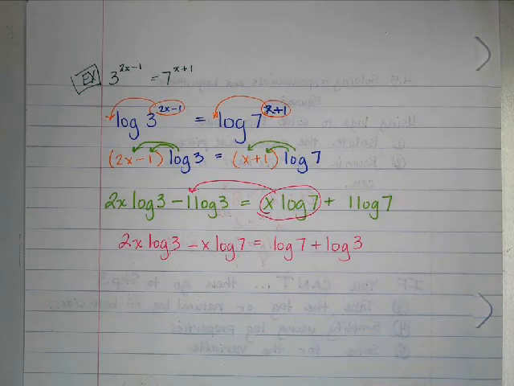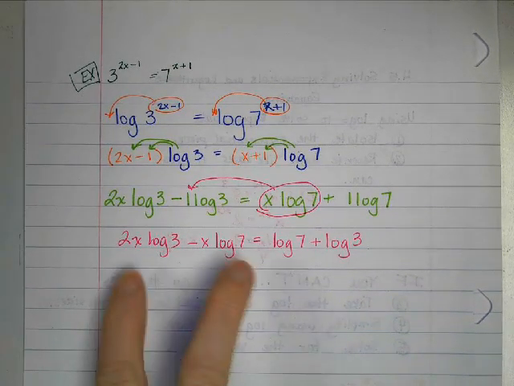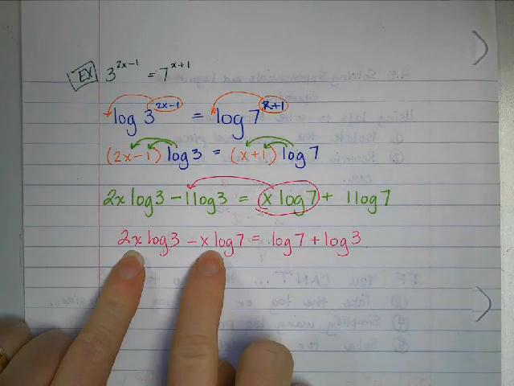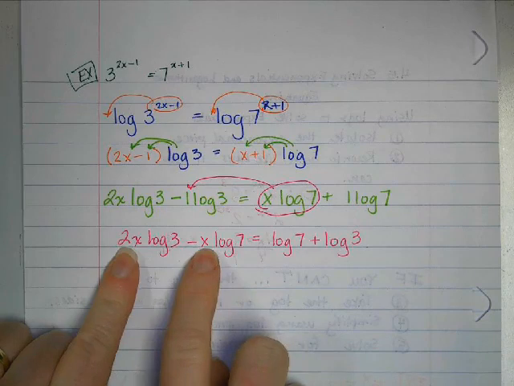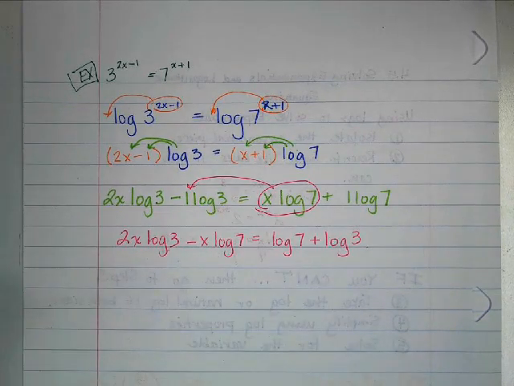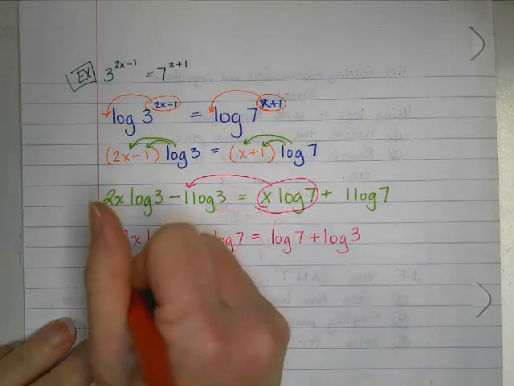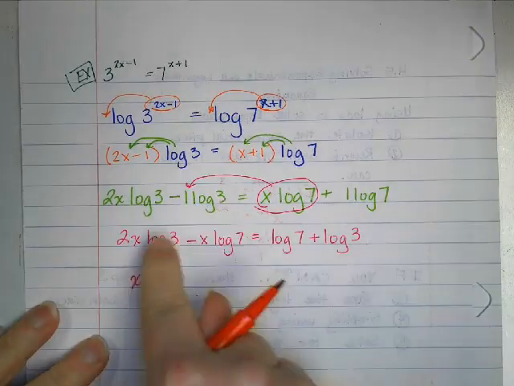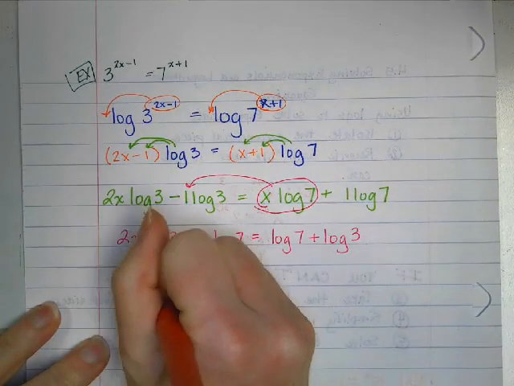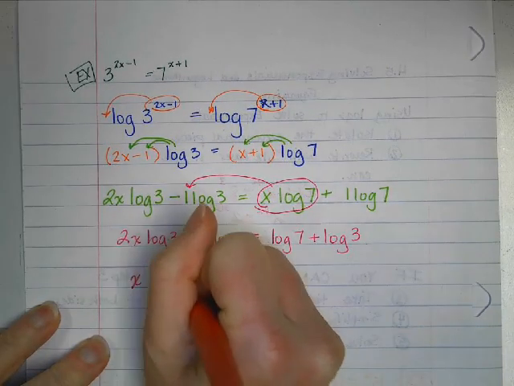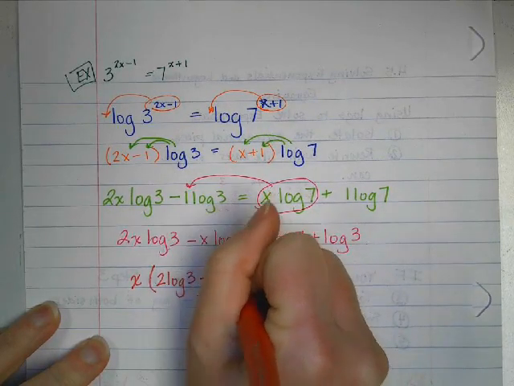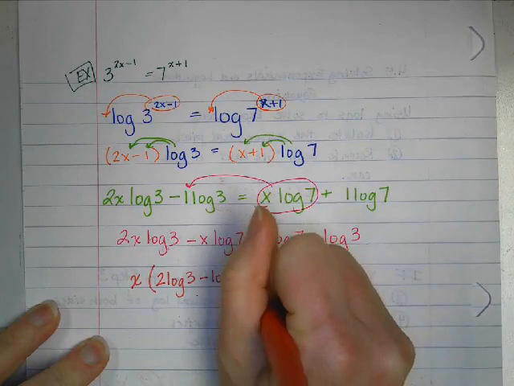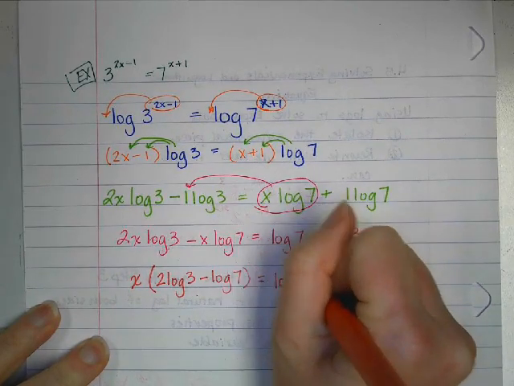So that's what I'm going to do on the left-hand side. I'm going to look at this and go, okay, they have a GCF. Both of these have an x in common. So I'm going to factor out x. And if I remove an x from both of these, it would leave me 2 log 3 minus log 7 equals log 7 plus log 3.